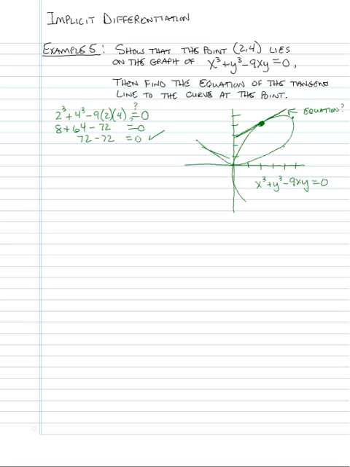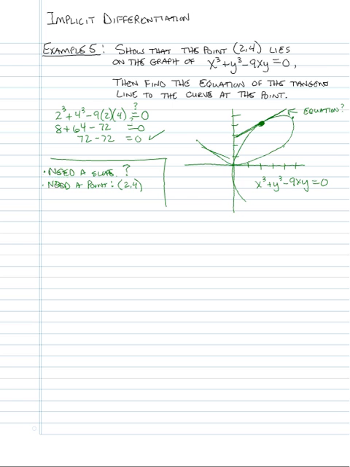But now to find the equation of a line, let's just remember, we need a slope, that is the slope of our tangent line, and we need a point that's on the tangent line. Now, the point is basically given to us, isn't it? (2, 4). It's not only on the curve, but it's also on the tangent line because it's the point of tangency. So the slope is what we're going to have the issue with.